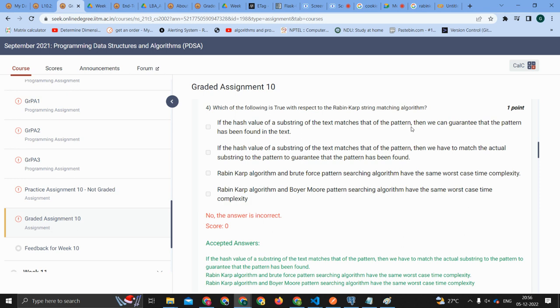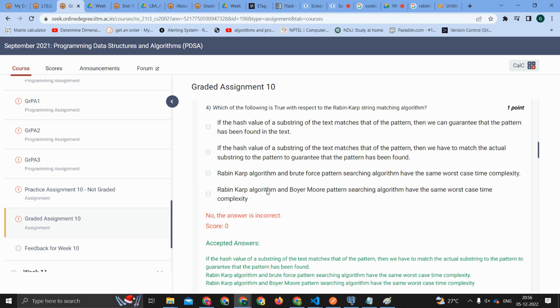A hash value, maybe of some mod 10 or 11, may get repeated for a particular pattern. That is the initial check, and once the hash value matches, we have to go deeper and check each and every character so that the pattern matches.